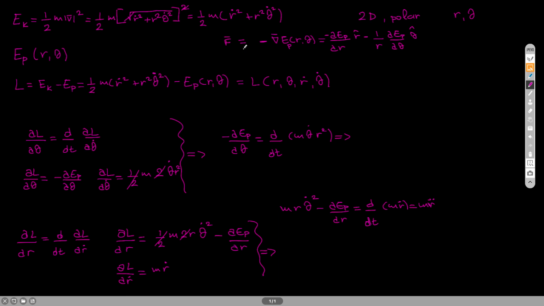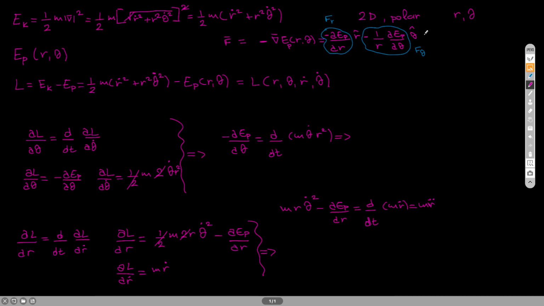So the force is given by this expression. And because this is what I have in front of r hat, this will be the r component of the force. And because this is what I have in front of theta hat, this will be the theta component of the force.